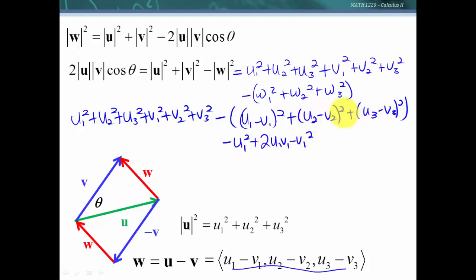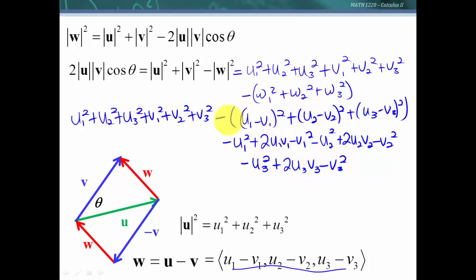Now we can continue that pattern for looking at each of these, so we'd have minus u2 squared plus 2u2 v2 minus v2 squared, minus u3 squared plus 2u3 v3 and minus v3 squared.